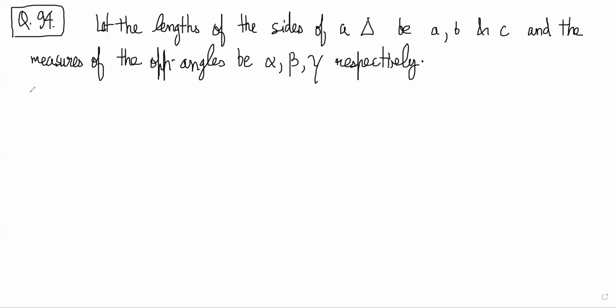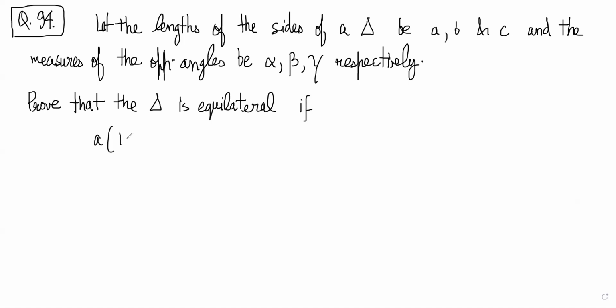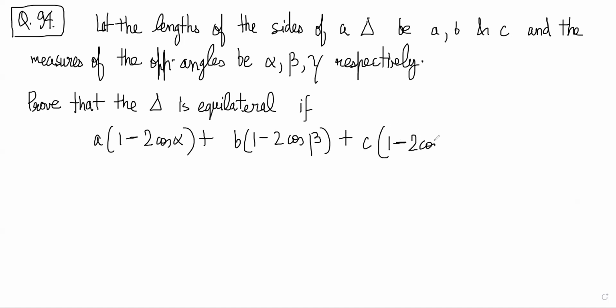We have to prove that the triangle is equilateral if A times (1 minus 2 cos alpha) plus B times (1 minus 2 cos beta) plus C times (1 minus 2 cos gamma) is equal to 0.